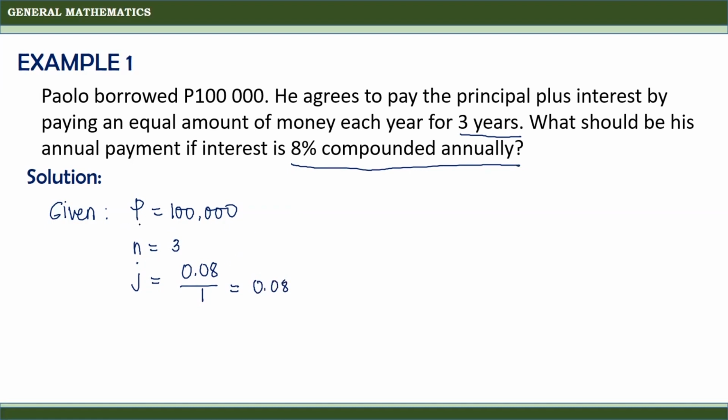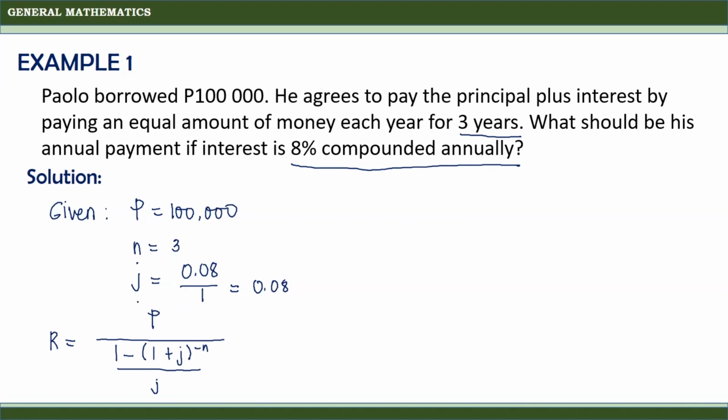Now, since we have the value of P, we will be using the formula for the regular payment, R equals P all over 1 minus quantity 1 plus j raised to negative n divided by j. Looking at our given, you will notice that we are now complete with the values of the variables P, n, and j.